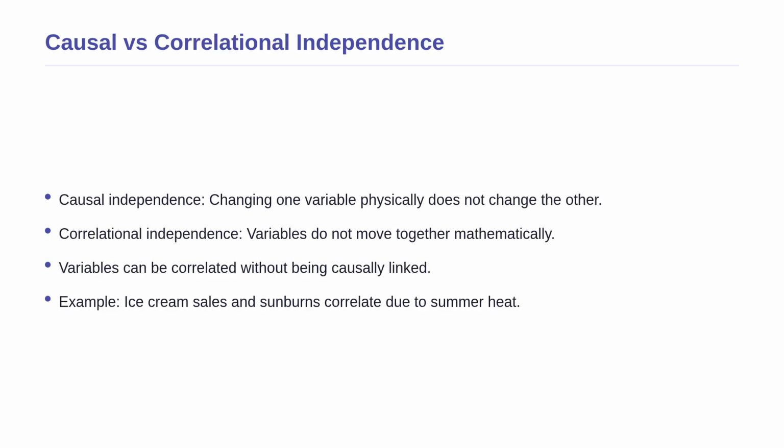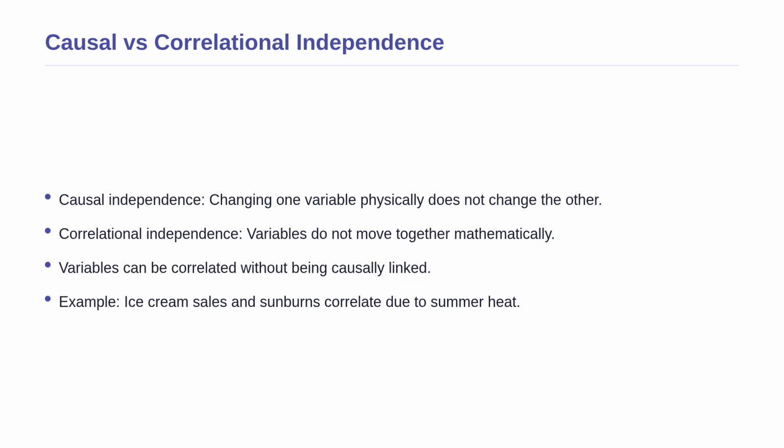This relationship between variables leads us to an extremely important distinction: causal versus correlational independence. Understanding this prevents you from making false conclusions in your research. Causal independence means that physically changing one variable does not cause a change in the other. Changing your shirt color does not change the weather.